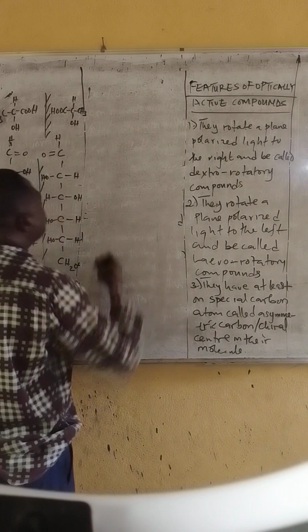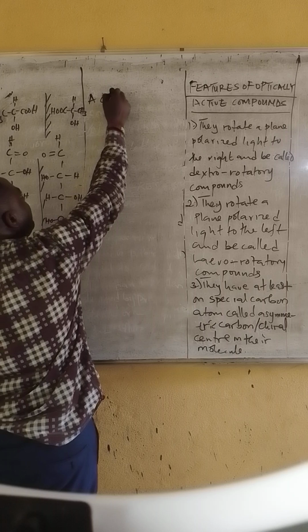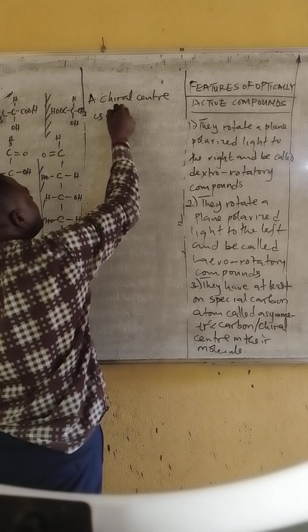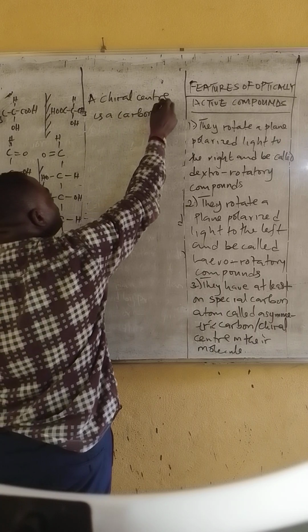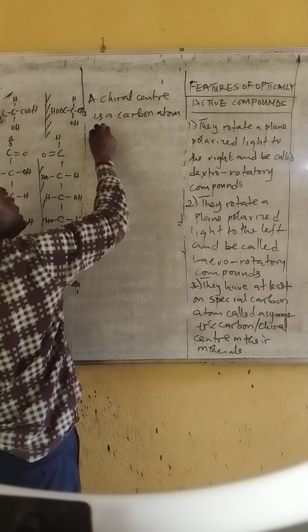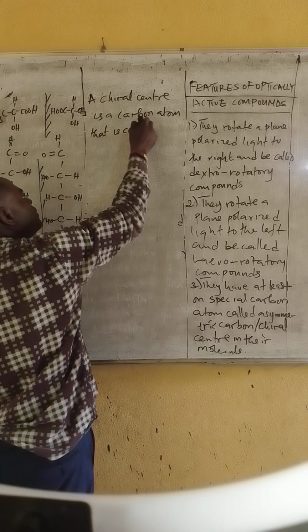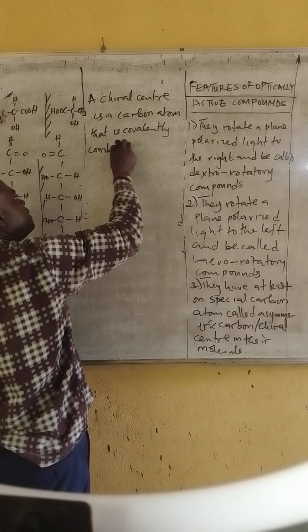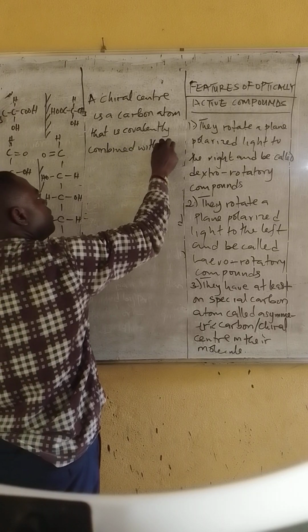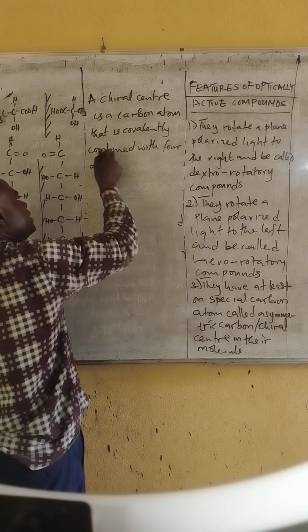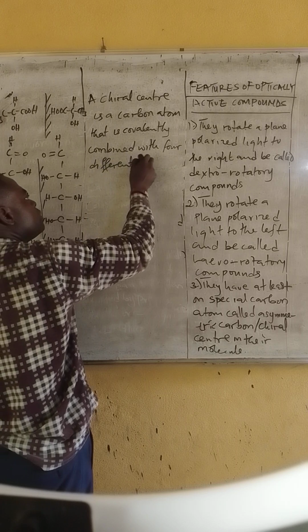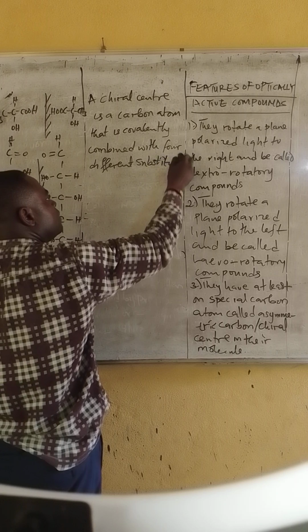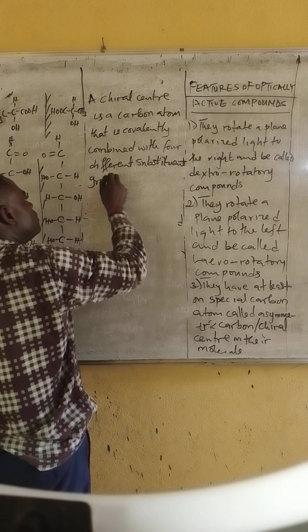Now, what is a chiral center? Now, a chiral center is a carbon atom that is covalently combined with 4 different substituent groups.